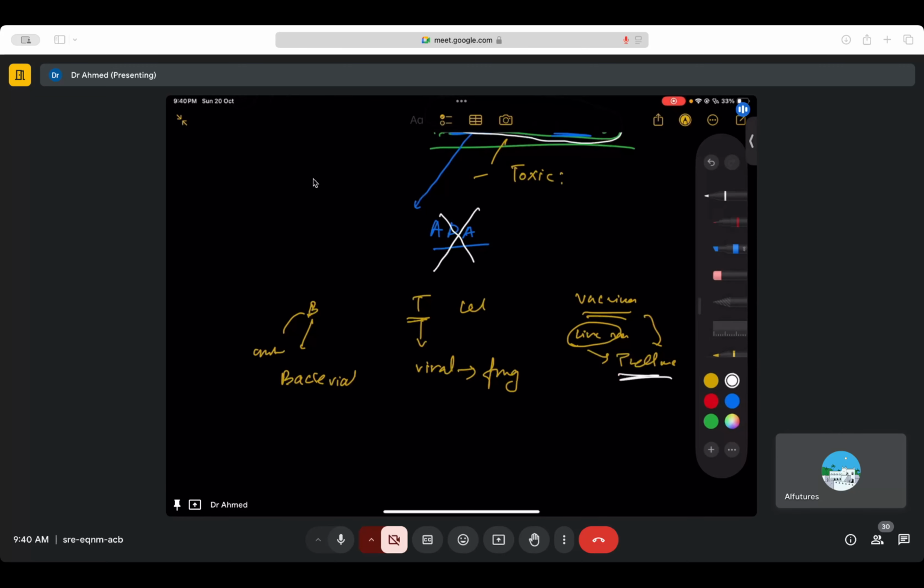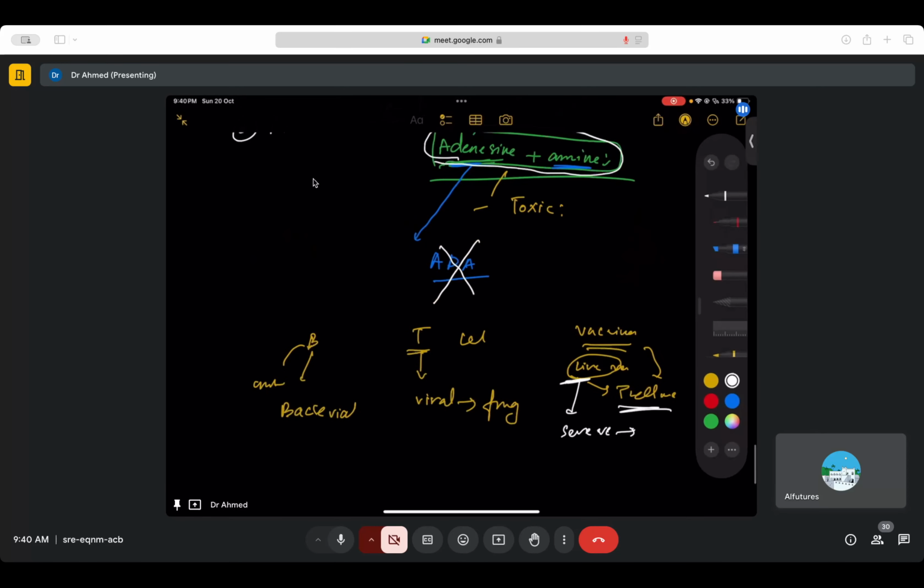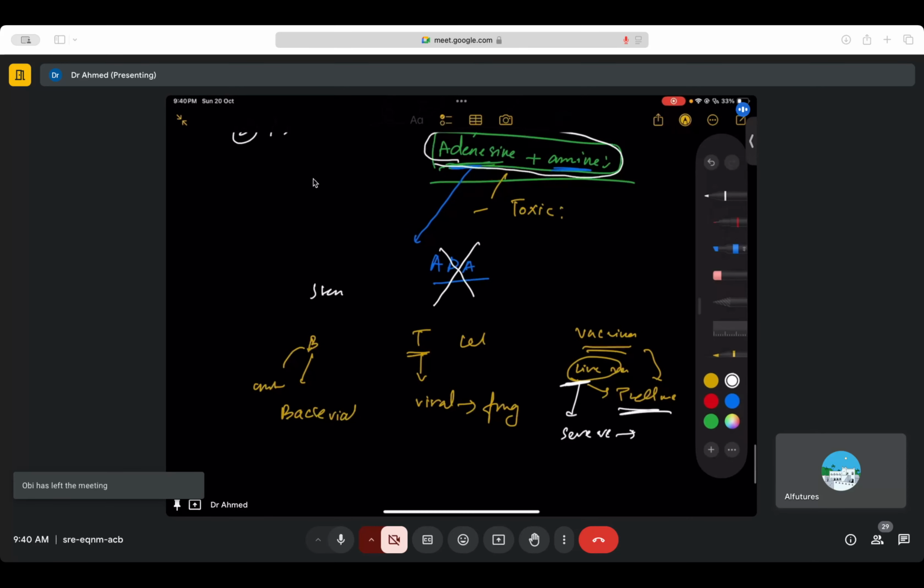If they do not have T or B cells and I'm inserting a live organism inside them, even this weakened organism can cause a severe infection in these individuals. So what's the treatment? Place them in a sterile isolation, also known as bubble baby, or give them a stem cell transplant, because all of these are deficiencies of B and T cells, right?